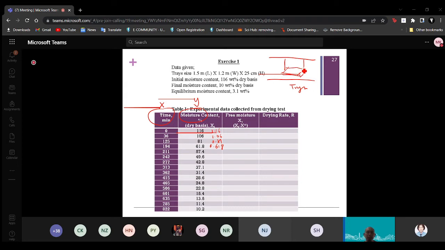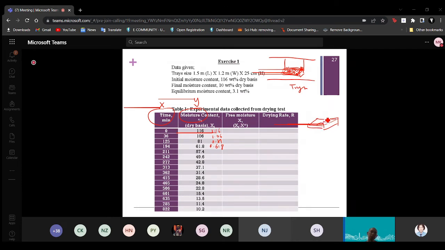You're going to put your material here. The material is only one layer. To conduct the experiment it must be one layer, not multiple layers, because that is difficult. Normally you fill up only until this surface here.